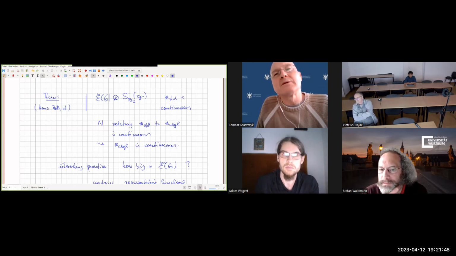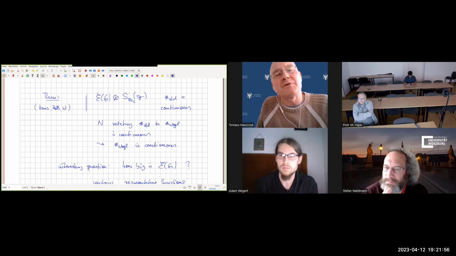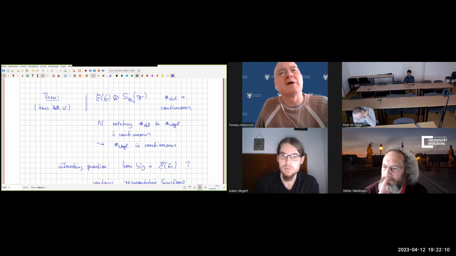But how close is this condition of being bidifferential for higher terms? Is there any argument showing that you can prove that higher terms are bidifferential operators?